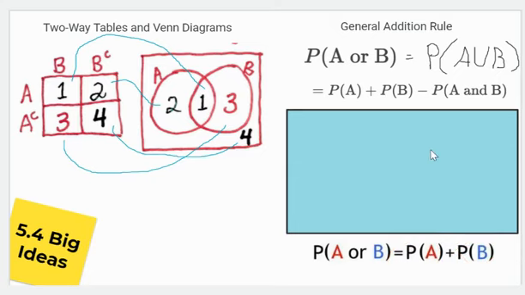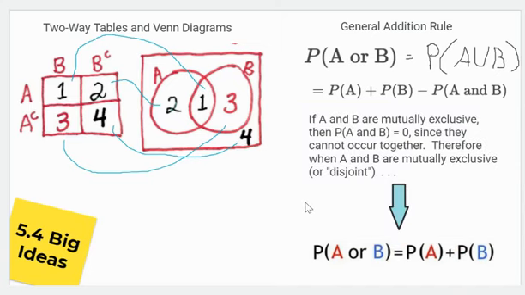Well, it depends on whether or not A and B are mutually exclusive. If two events are mutually exclusive, that means they cannot happen at the same time. They cannot occur together. If A and B are mutually exclusive, then the probability of A and B is equal to 0. And therefore, we would just be left with the probability of A plus the probability of B.